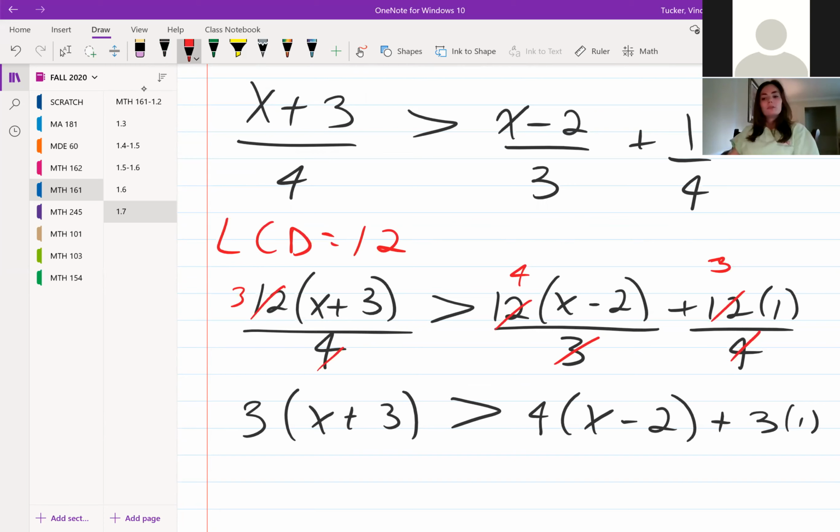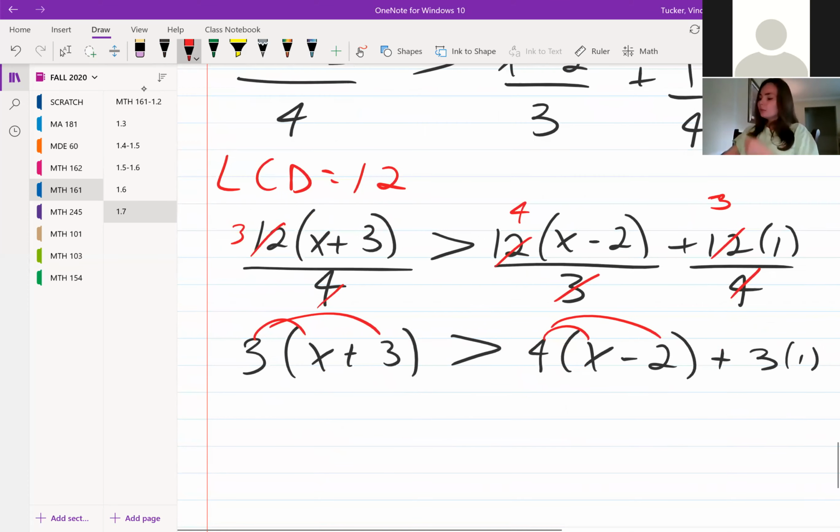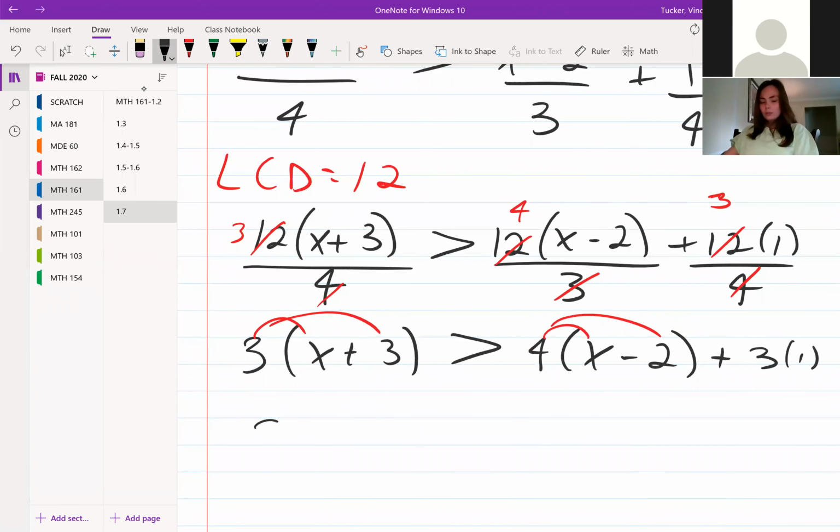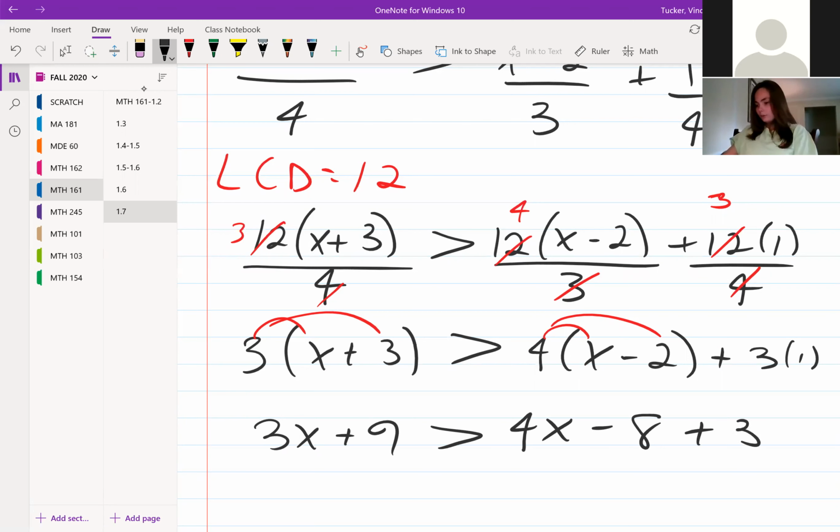All right, so now let's go ahead and simplify. Distribution with the 4. And that'll be 3x plus 9 is greater than 4x minus 8 plus 3.